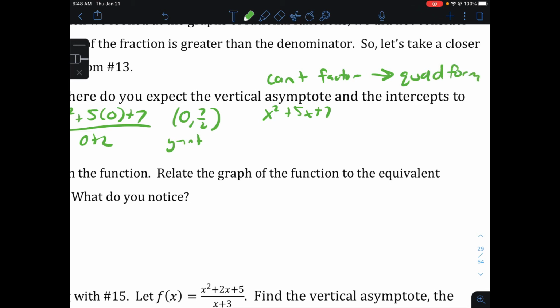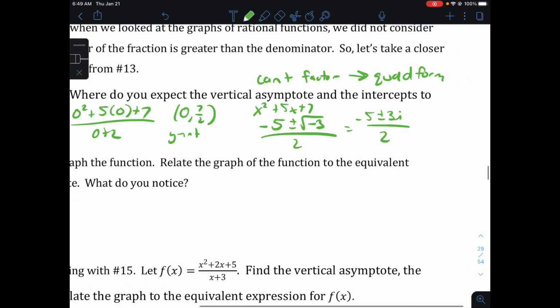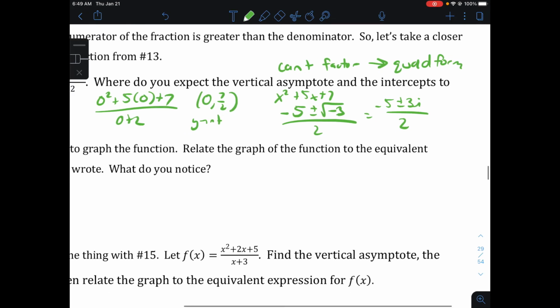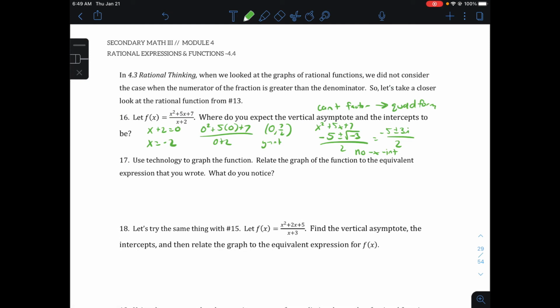And spoiler alert, I'm just going to tell you, when you use quadratic formula, you end up with this, which gives you this. Okay, so it doesn't have any x-intercepts. This is imaginary, right? It's got an i value, so you would say no x-intercepts. All right. Right. So that's where we got that.